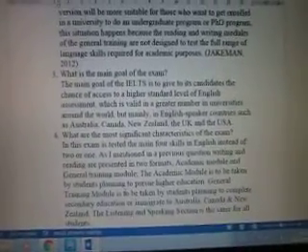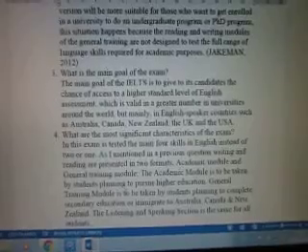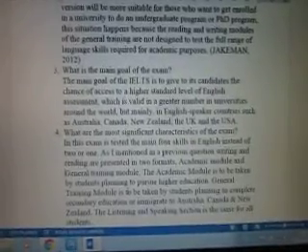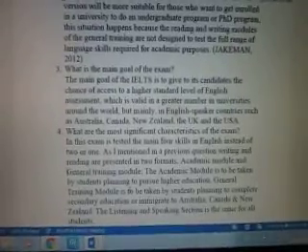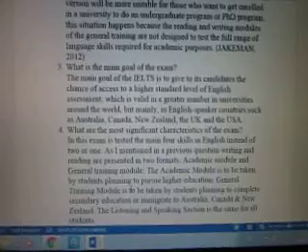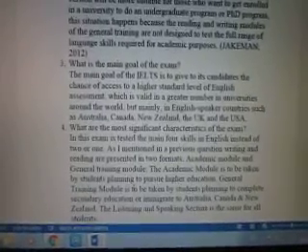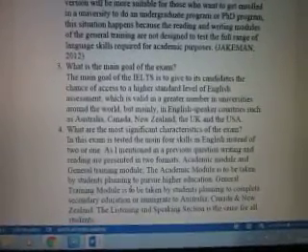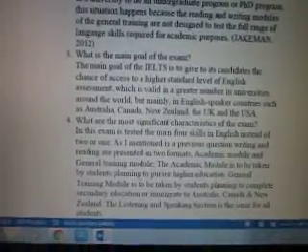What are the most significant characteristics of the exam? In this exam the main 4 skills in English are tested instead of 2 or 1. As I mentioned before, writing and reading are presented in 2 formats: academic module or general training module.